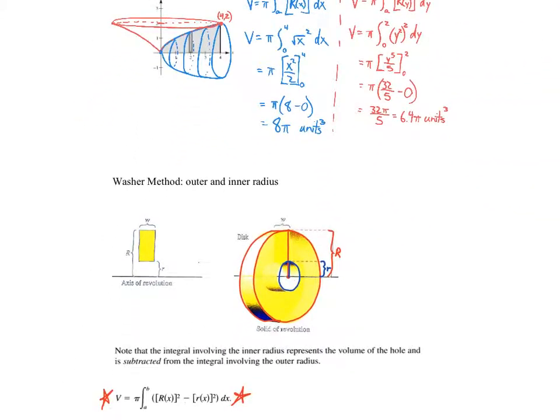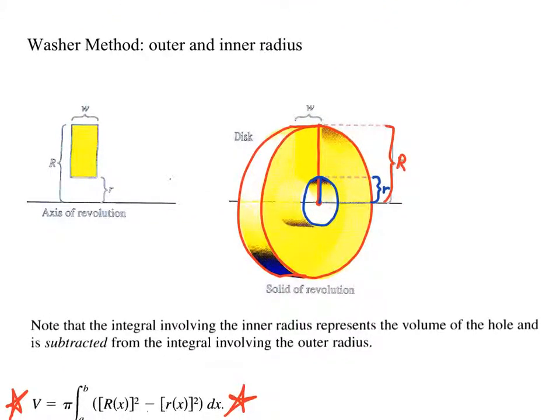Now, what we're going to deal with is something that actually has a hole cut out of it, and that hole is maybe what it would contain, but what we want to find is what would the volume of the object be, and you could use that to, say, figure out how much material you would need to make it. You know, how much steel is it going to take to make this thing, or how much plastic are we going to have to use to make this bowl or whatever. Okay? You need the volume of that.